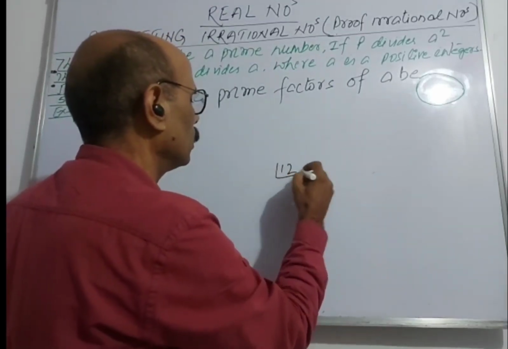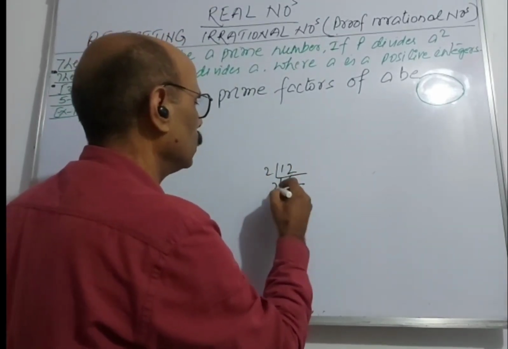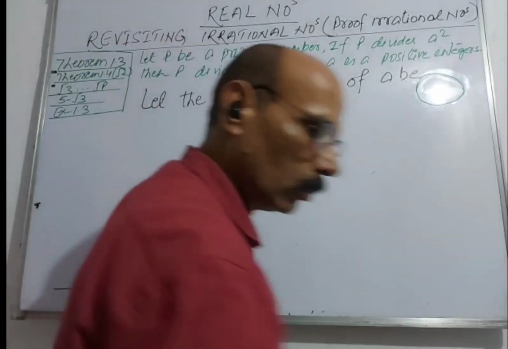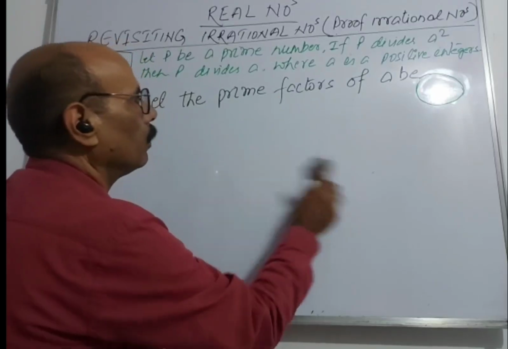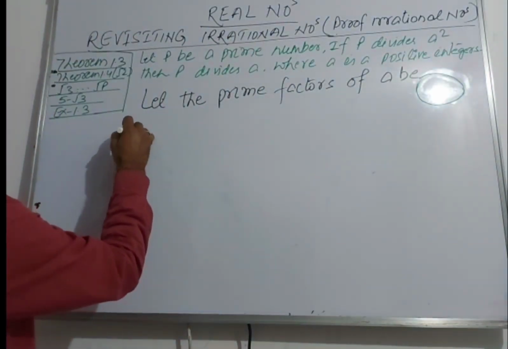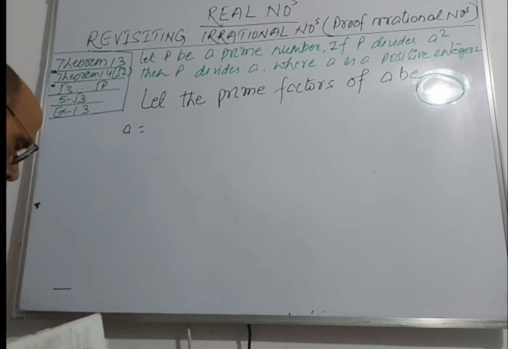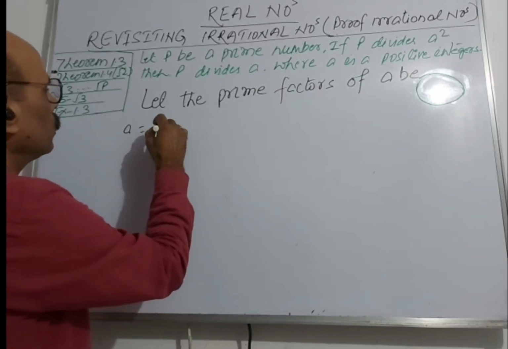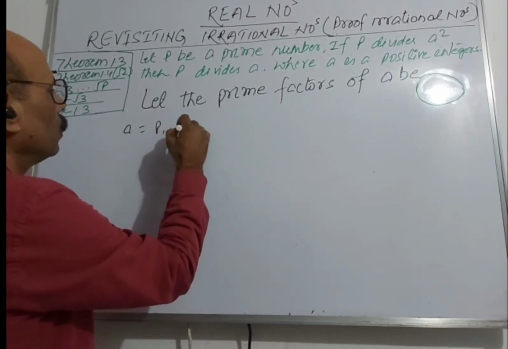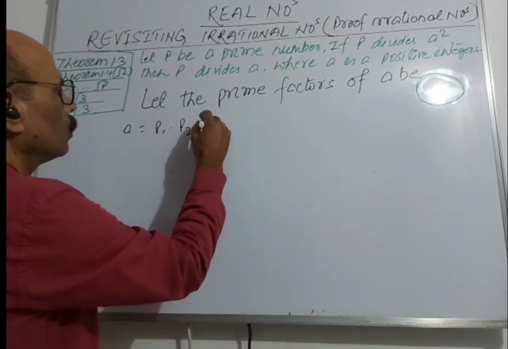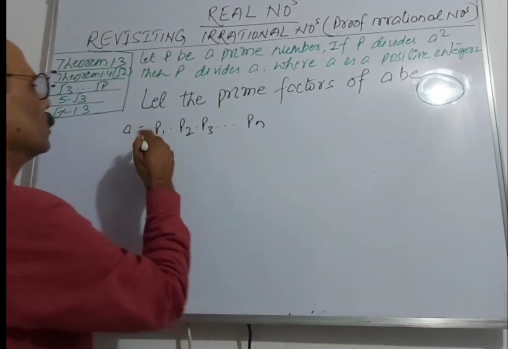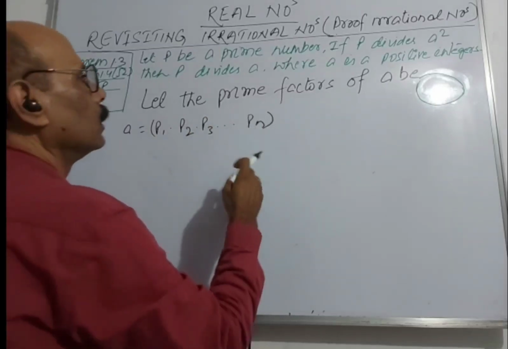Suppose it is 12, the prime factors are 2, 2, 3. That you basically know. The prime factorization of a equals p1 into p2 into p3, and so on up to pn. Okay, that is the prime factorization of a.